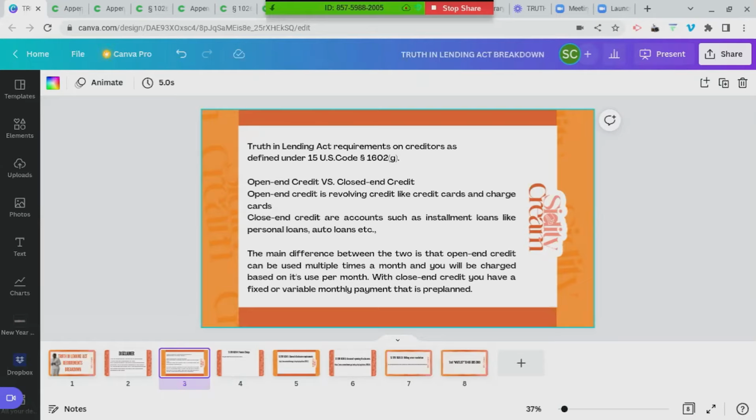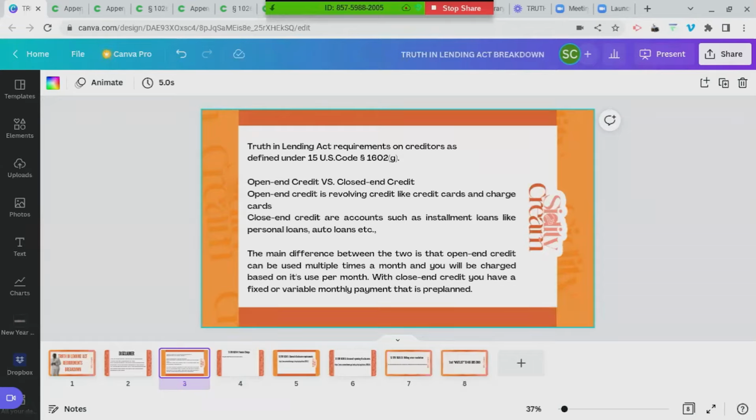So you may be wondering, okay, so Cream, what's the difference between open-end credit and closed-end credit, right? The main difference between the two is that with open-end credit, like credit cards and charge cards, you can use them multiple times a month and you will be charged based on its use per month.